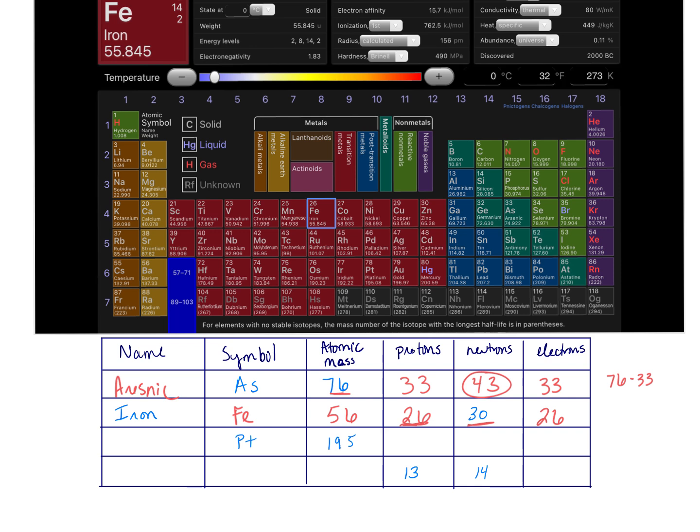So there's different ways to figure this out. Next we have Pt. Some of you may be familiar with this as platinum. So platinum. Okay. The atomic mass is 195. That's big.